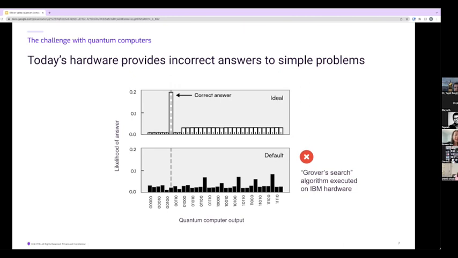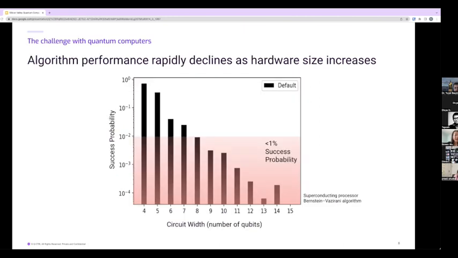But in the case of actually running this algorithm on the quantum hardware, the results are completely obfuscated amongst all of this noise that has impacted the system. And this problem actually increases in intensity as system sizes scale. So as we get to larger quantum volumes and larger circuit widths, we see an increased impact of error that makes pretty much running any circuit unintelligible across the noise that happens within the system.